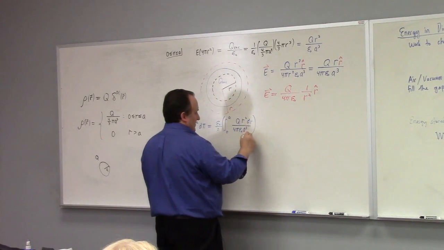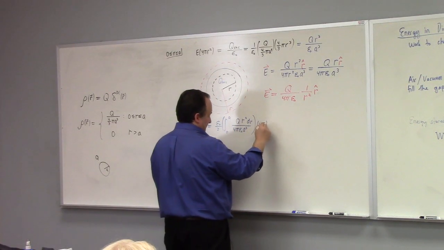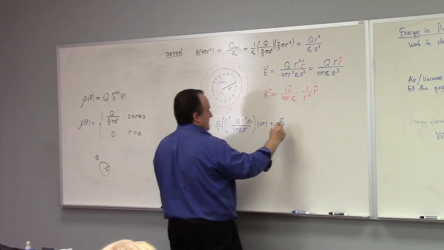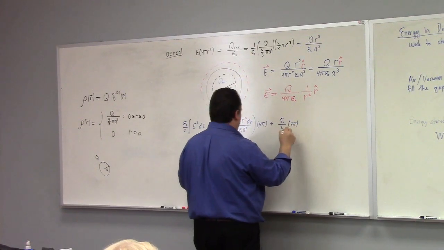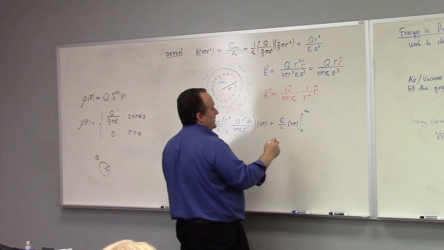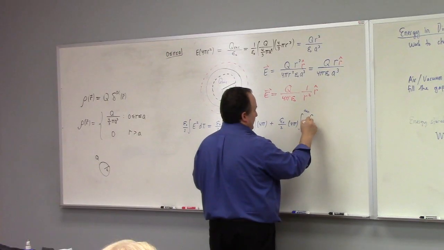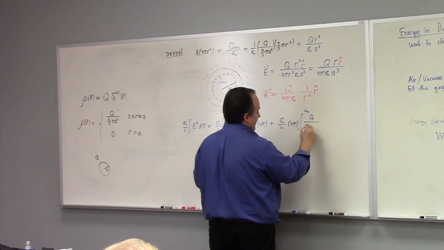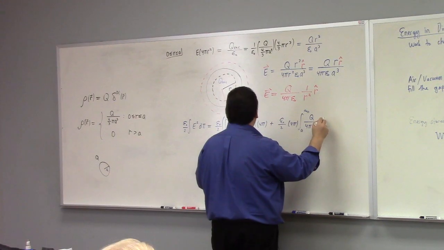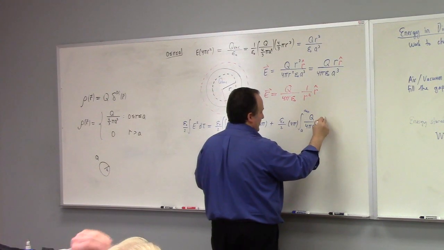The rest of it gives us a what? 4 pi. So let's just write that down. And then plus epsilon naught over 2 times 4 pi. Integral from a to infinity, right? Of now, we've got Q over 4 pi epsilon naught, well, it's the thing I erased a second ago, but it was 1 over r squared, right?